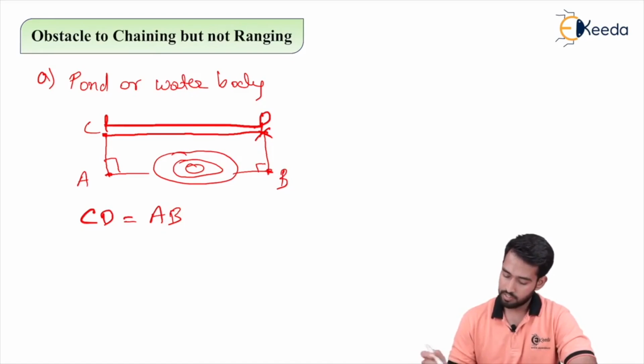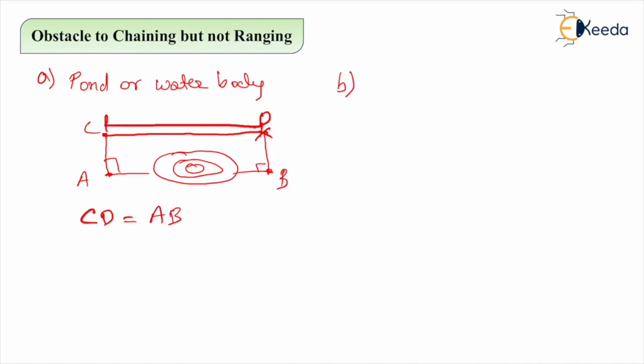The next method is, suppose there is a river crossing, and now we have to calculate the distance between two points. So we'll take a river.